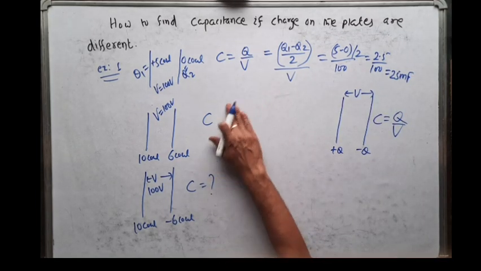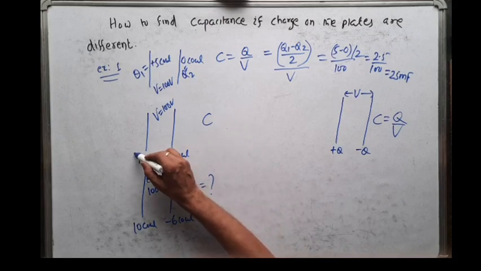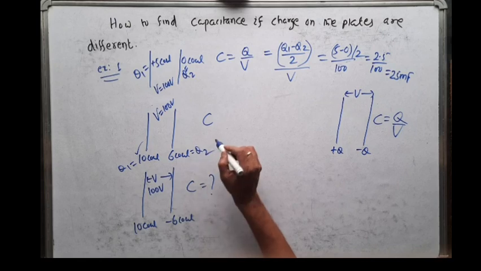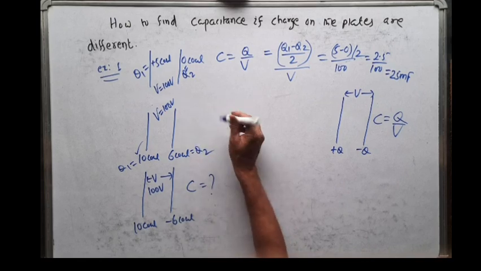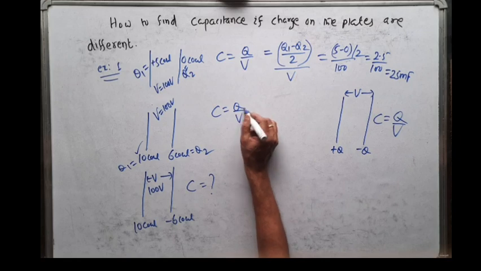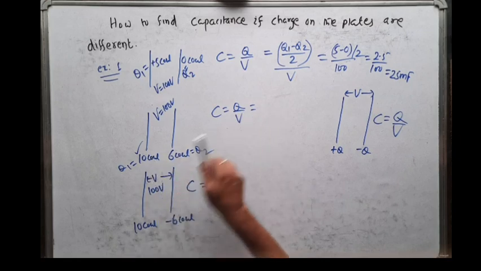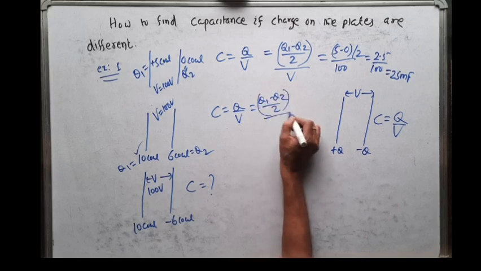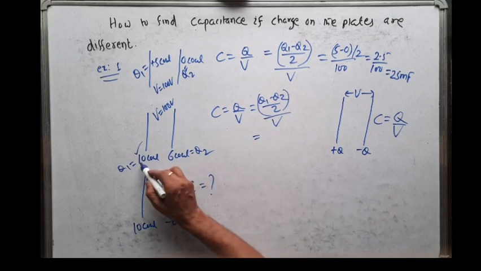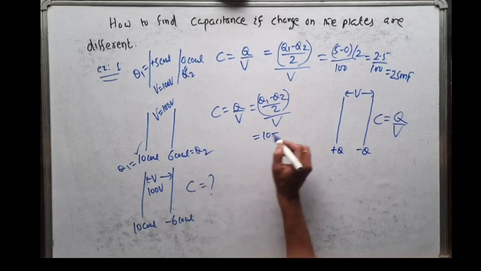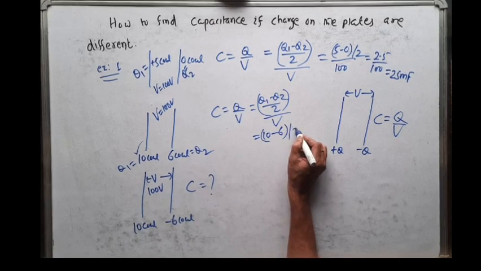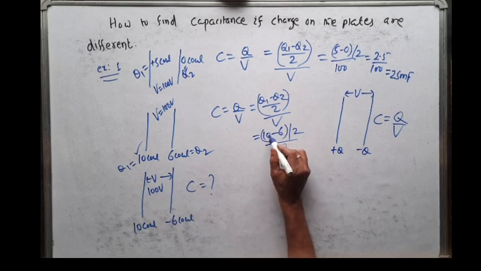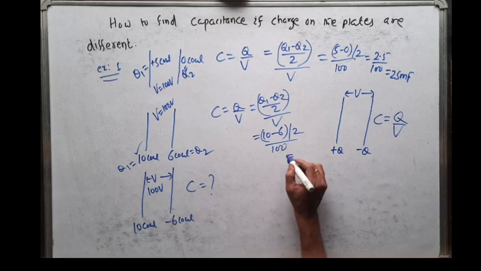Now here, what is the value of capacitance? You see, here Q1 is equal to 10 coulomb, Q2 is equal to 6 coulomb. So this capacitance is nothing but Q by V. Q is Q1 minus Q2 divided by 2, divided by V. So 10 minus 6 divided by 2, divided by 100, that is 4 by 2, 2 by 100.